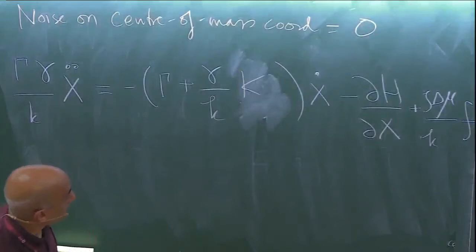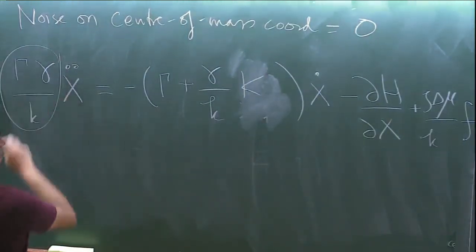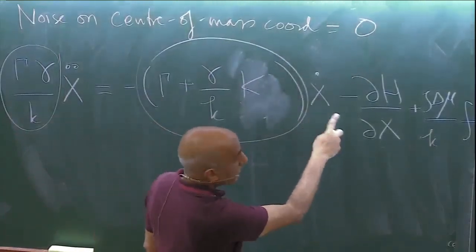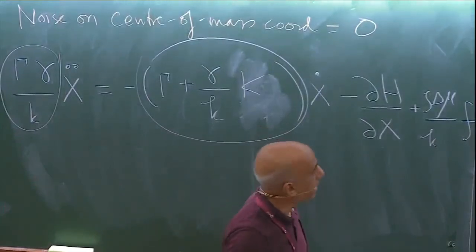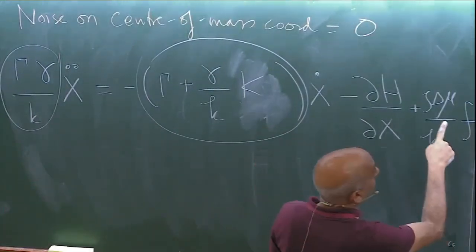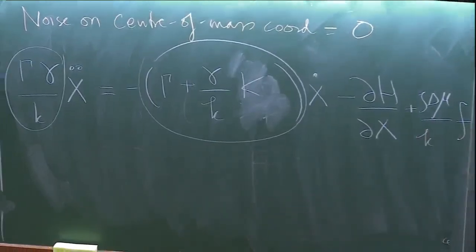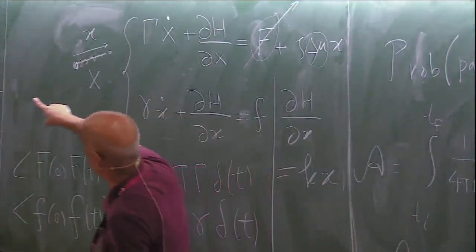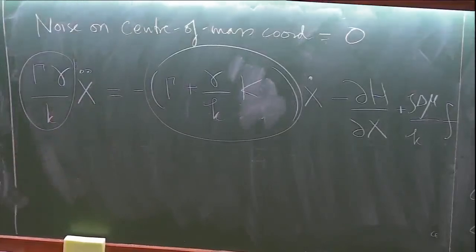And now you have something very interesting, which is that you have something times x double dot, a constant times x dot, an external force, which in this case of course has to be kx minus kx, and a noise proportional to the activity. This noise is inherited from the noise in the little x equation, promoted to a noise in this equation. Right? This is algebra that you can do in your spare time, if you have really nothing better to do.